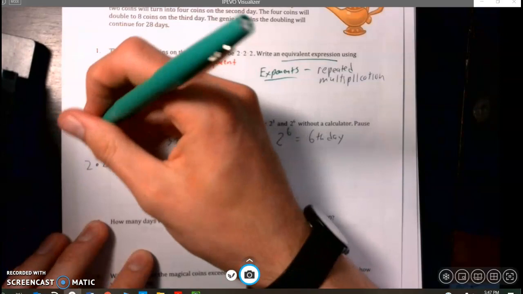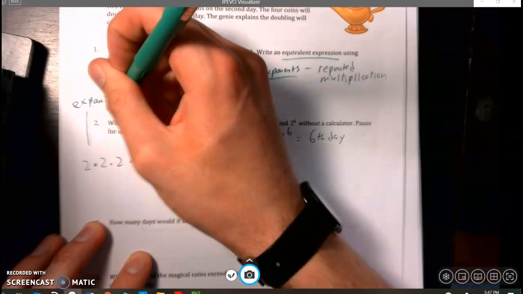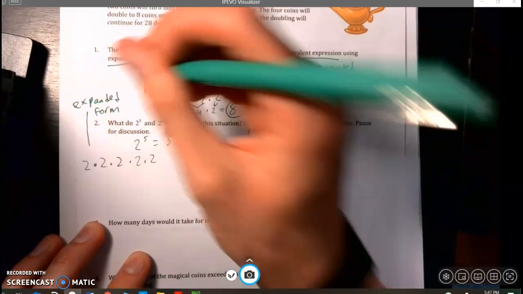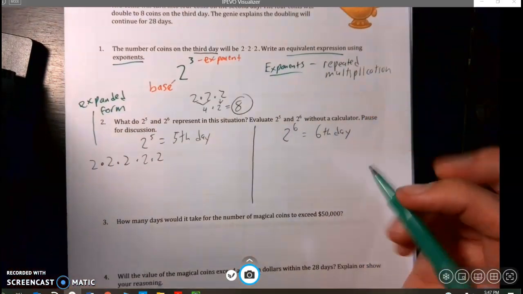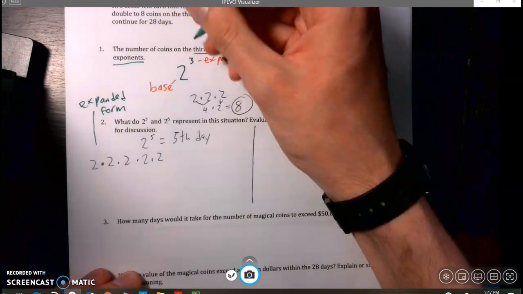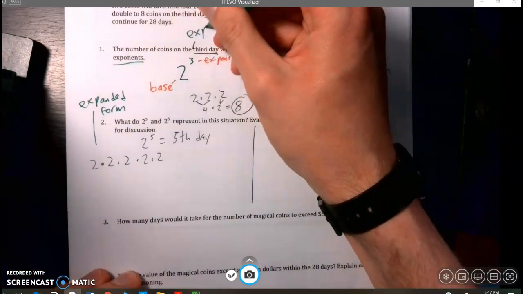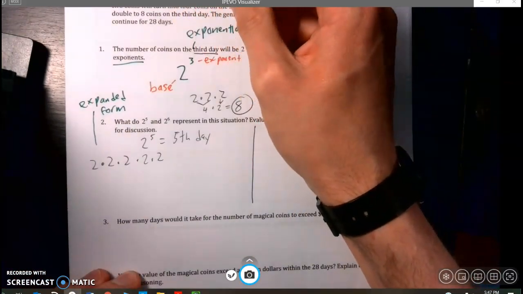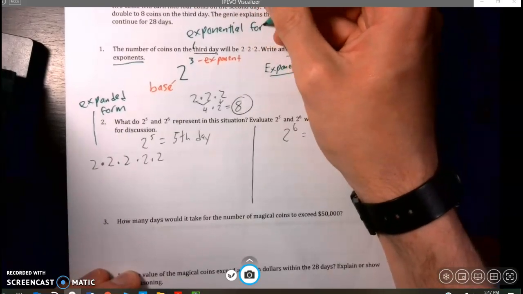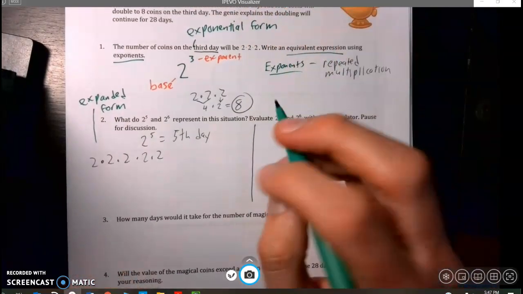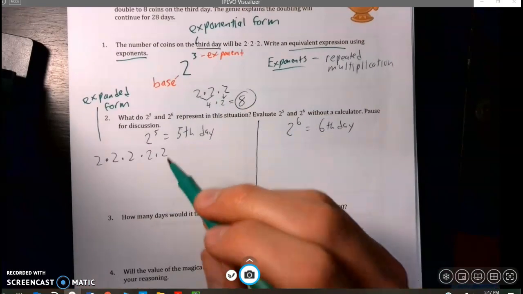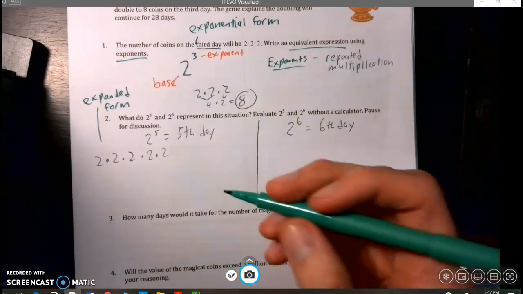And let's also take a note in your notebook that this is called expanded form. So we can go from exponential form, which is the form that has an exponent, and then expanded form is the one that shows that repeated multiplication.